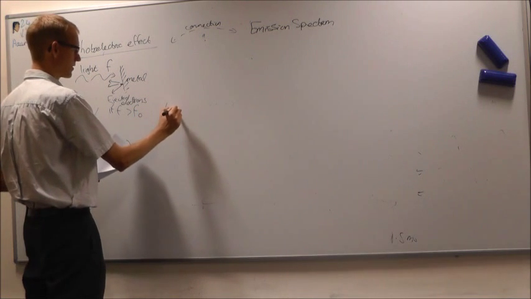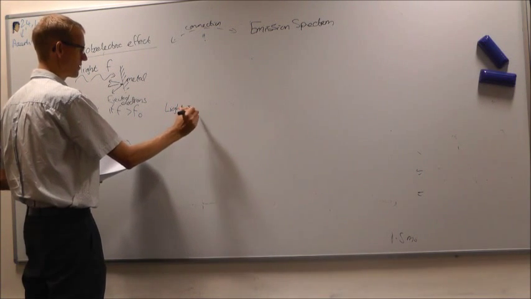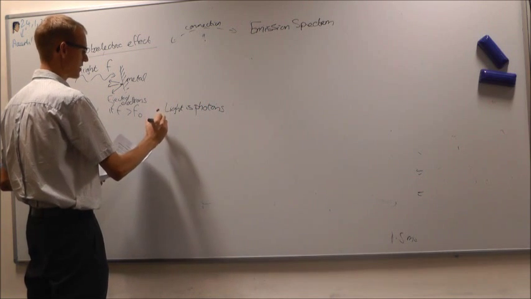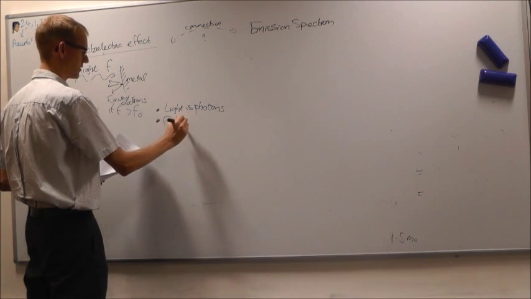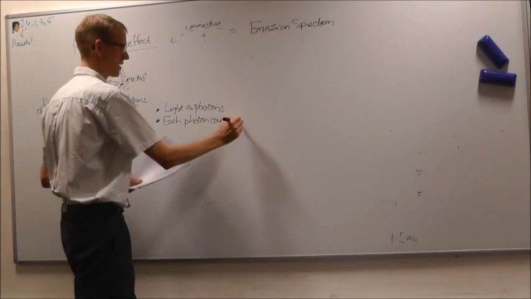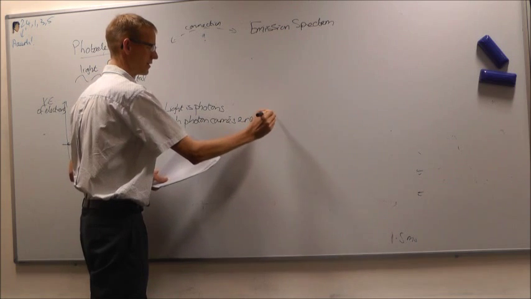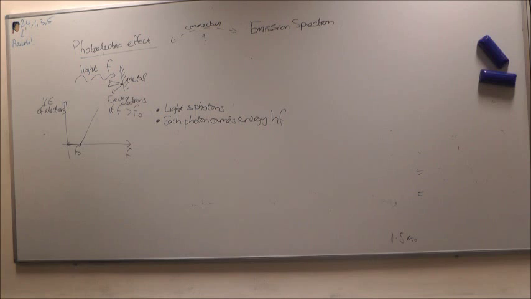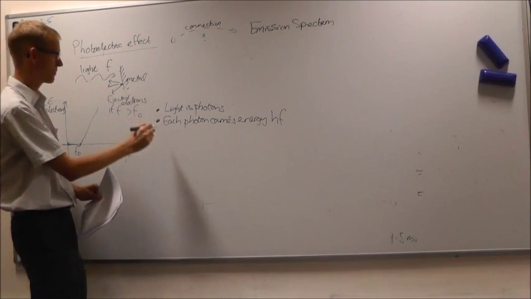So light is photons. So each photon carries energy HF, where H is Planck's constant. So photon hits the metal.